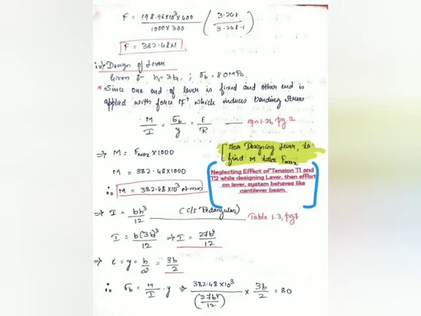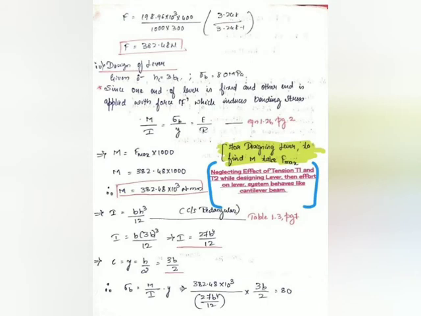So we write the bending moment equation, that is M by I equal to sigma by y equal to E by R. We have seen this equation many times, but still you can refer to data handbook equation 1.24, page number 2.